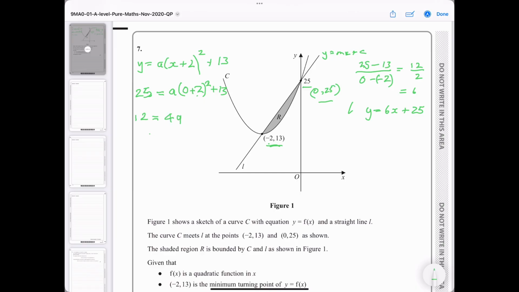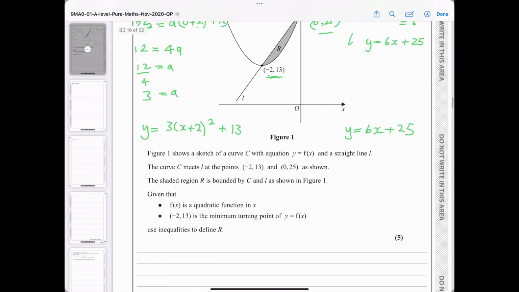So A equals 12 over 4, and A equals 3. So now I've got the two equations: y equals 3(x plus 2) squared plus 13, and y equals 6x plus 25.